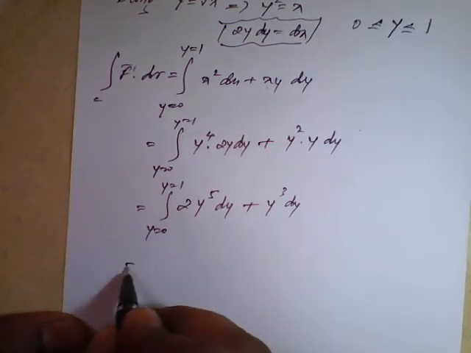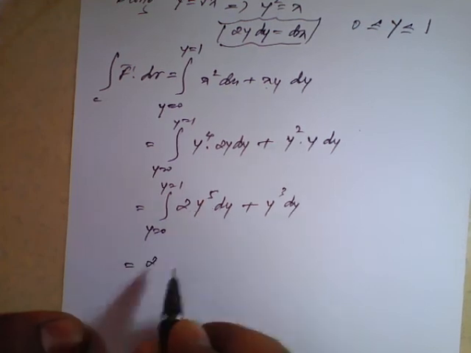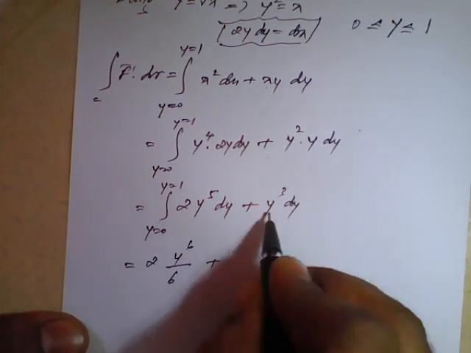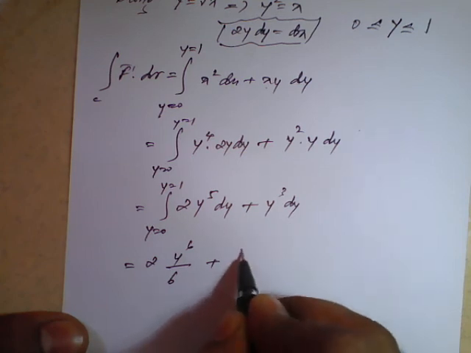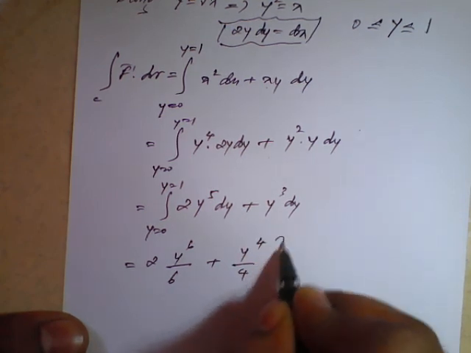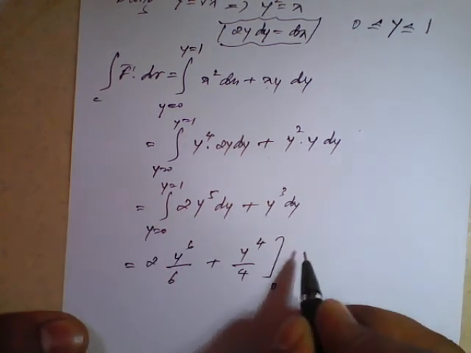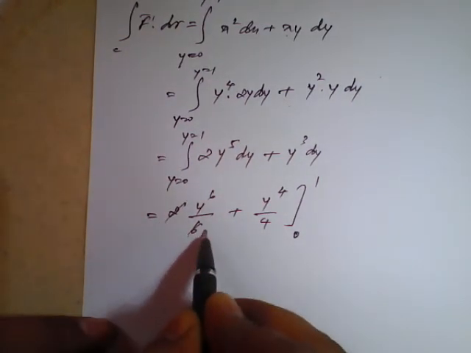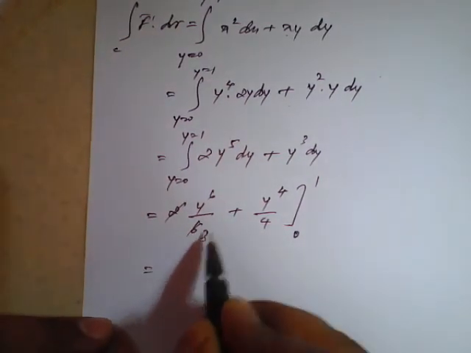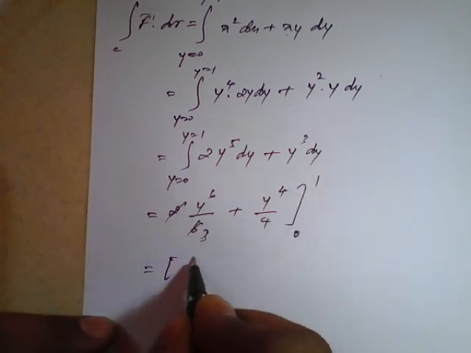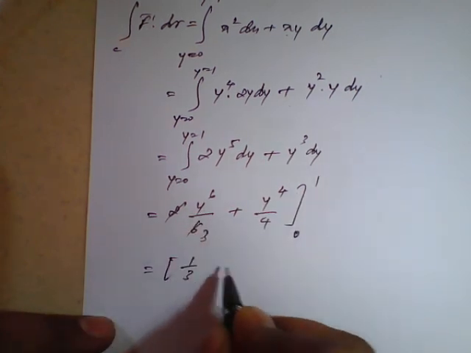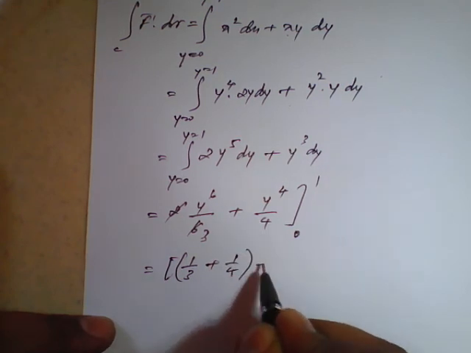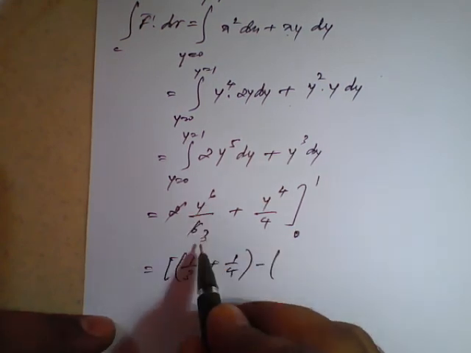Now we integrate with respect to y completely. This will become 2 as it is, integration of y raised to 5 is y raised to 6 upon 6, plus integration of y cube with respect to y is y raised to 4 upon 4, limit from 0 to 1. Apply the upper and lower limits: 2 1s are 2, 2 3s are 6, simplified. With the upper limit it becomes 1 upon 3 plus 1 upon 4, minus the lower limit, where 0 upon anything is 0.